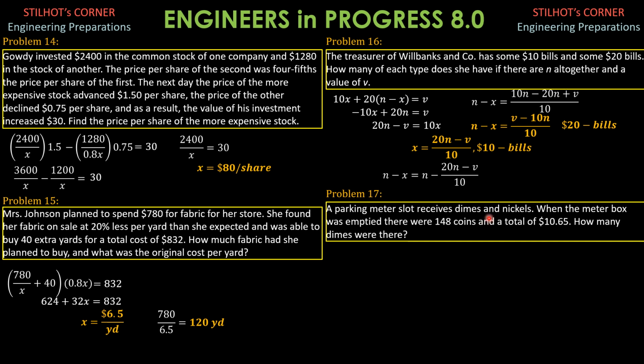So the value 10.65 is equal to 0.1 of the number of dimes plus 0.05 of the number of nickels.